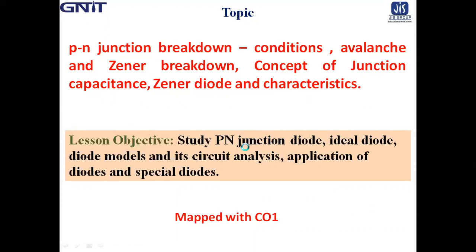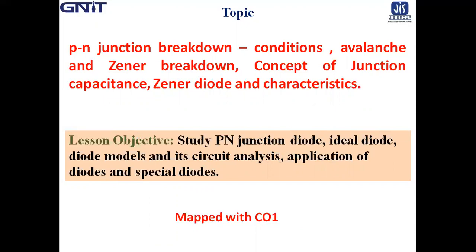The lesson objective is to study PN junction diode, ideal diode, diode models and its circuit analysis, application of diode and special diode. And this topic is mapped with CO number 1.